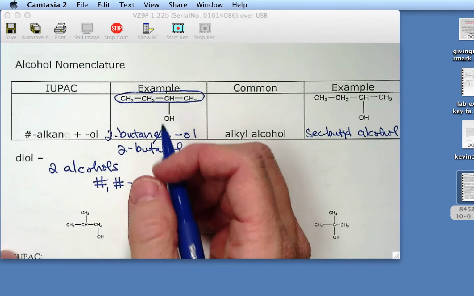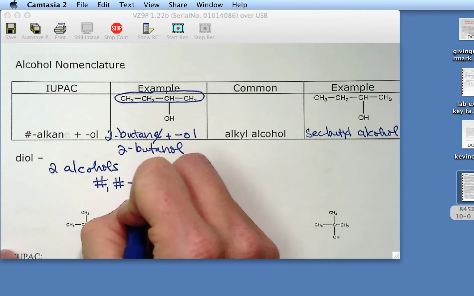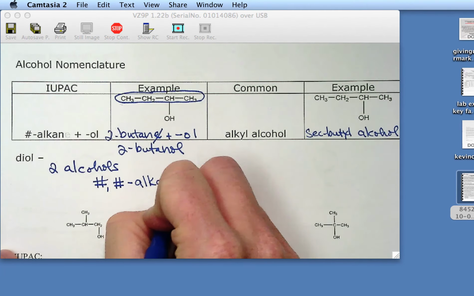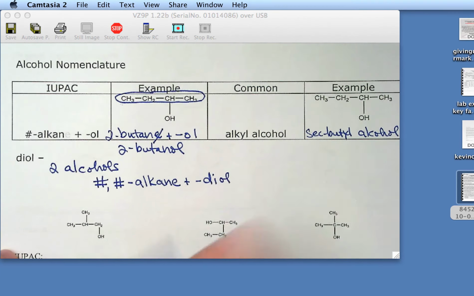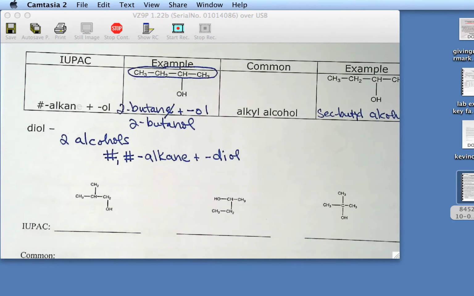Alkane plus diol. So number, alkane, diol. You need to put 2 numbers because you have 2 alcohols and they could be on the same carbon, they could be on adjacent carbons, they could be on totally separate carbons. But just like double bonds, when you have 2 of them, you need to put the numbers, even if they're in a ring.